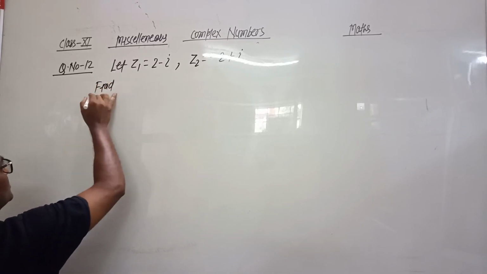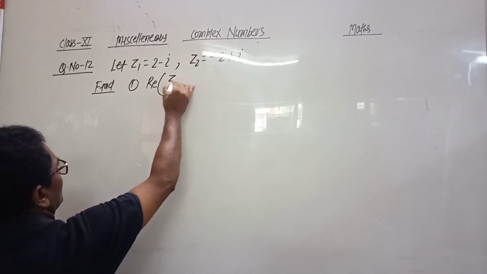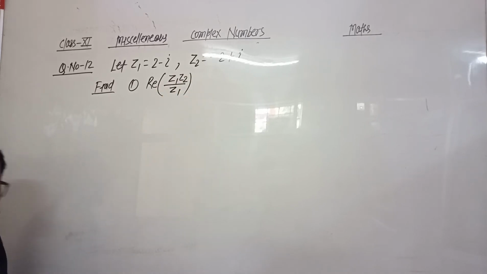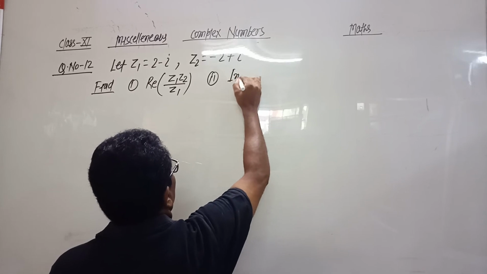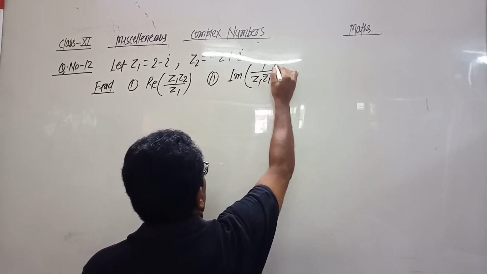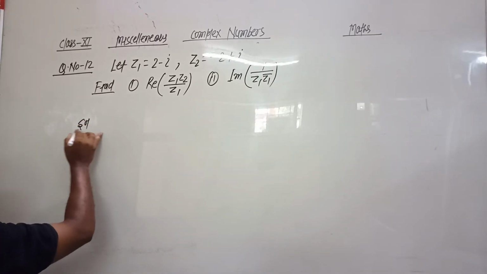The first part we have to find is the real part of Z1 into Z2 upon Z1. So the first part we solve.